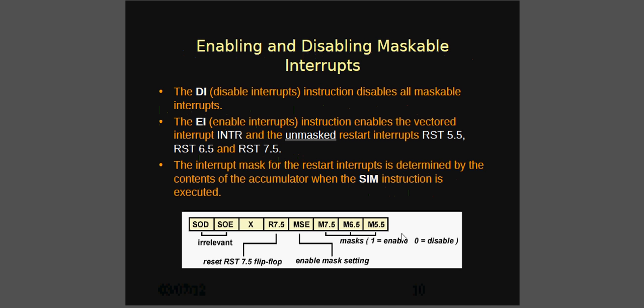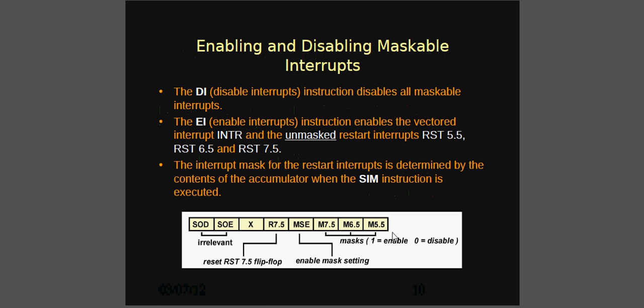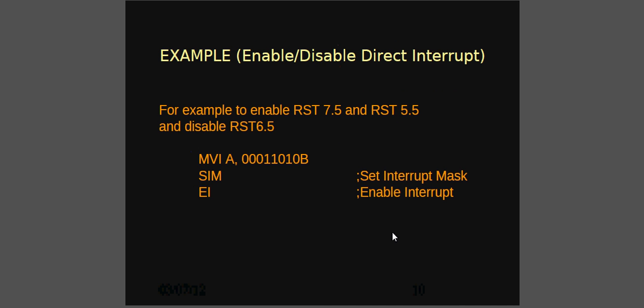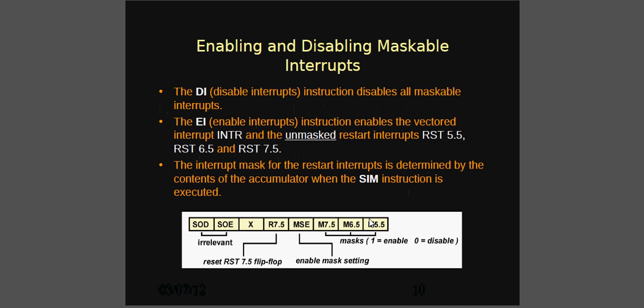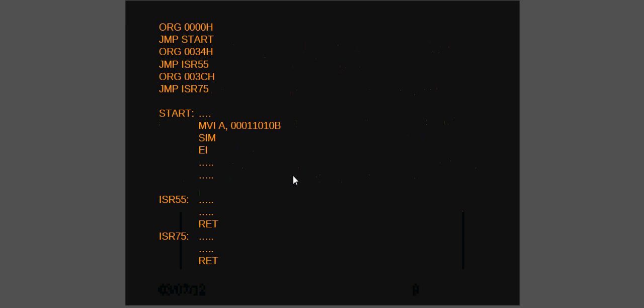A 0 here means it disables the mask, so it becomes unmasked, which means it's enabling the interrupt for RST 5.5 and RST 7.5.